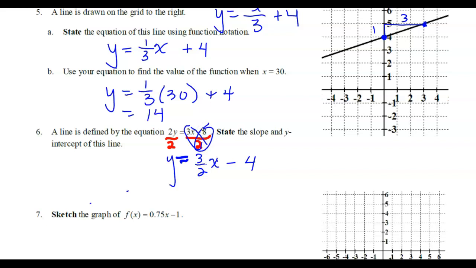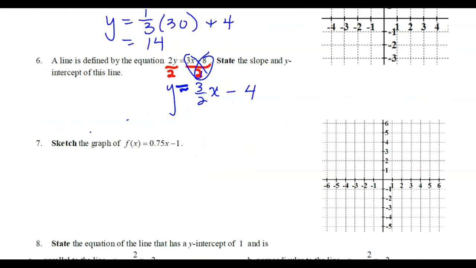If you were to enter it in a calculator, you can put it in whatever form you want as long as it's solved for y. But for slope-intercept form, we want it in that form. So now my slope is 3 over 2.